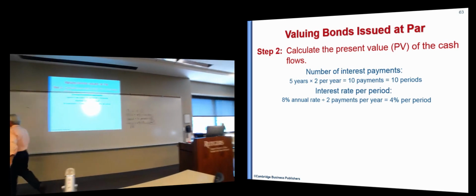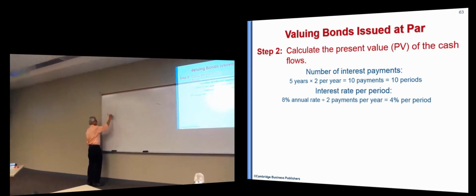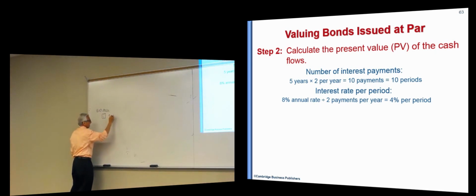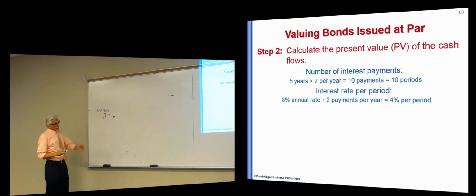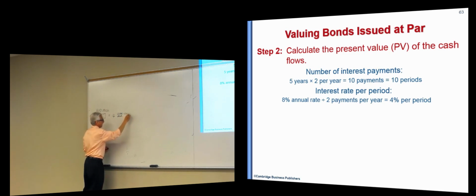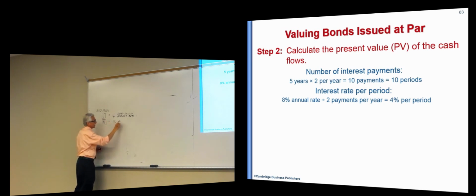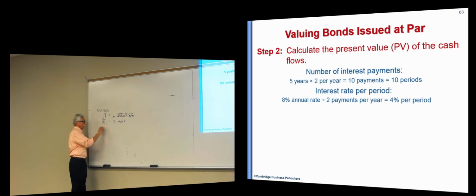So we know that I is 4, it's the market rate, and it's 10 periods, not 10 years. Payment is the coupon interest, 16.